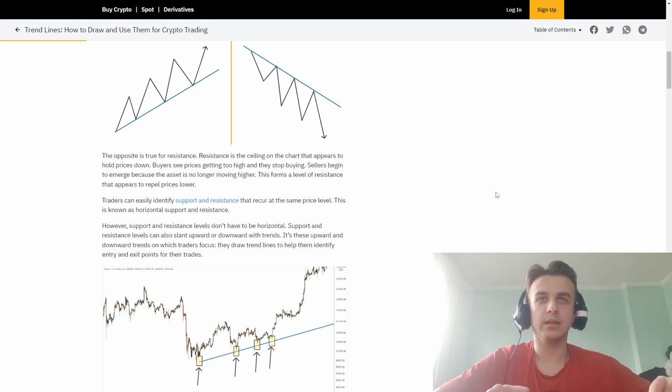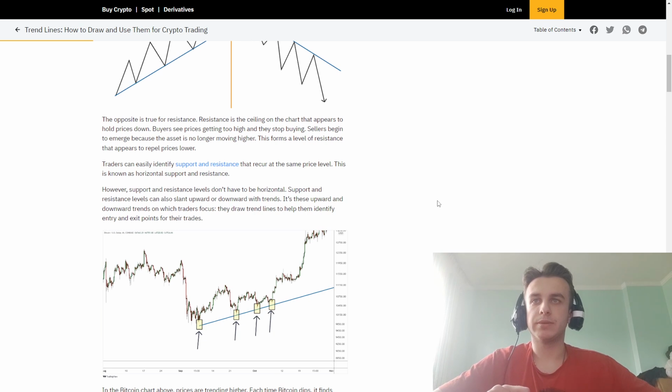Resistance is the ceiling of the chart that operates to hold price down. The price gets too high and buyers stop buying. Sellers begin to emerge because they see it's no longer moving higher. This forms a level of resistance that appears to repel price lower. Traders can easily identify support and resistance that recur at the same price levels.